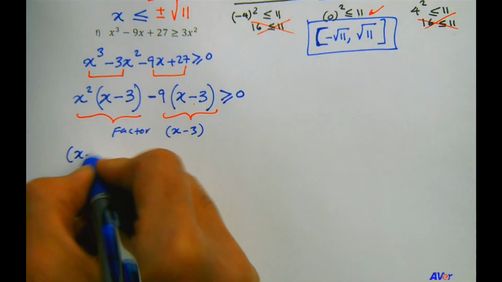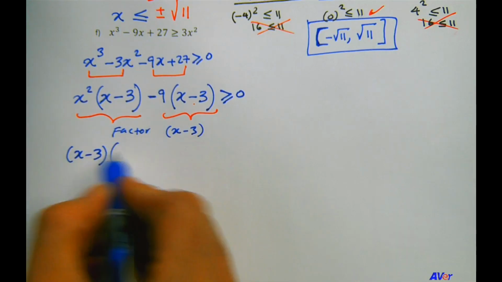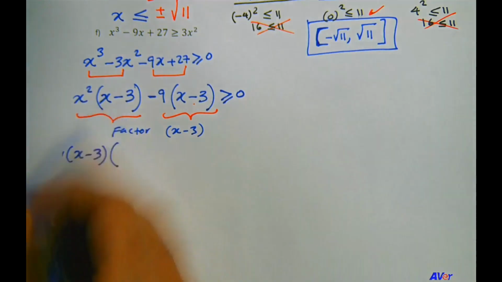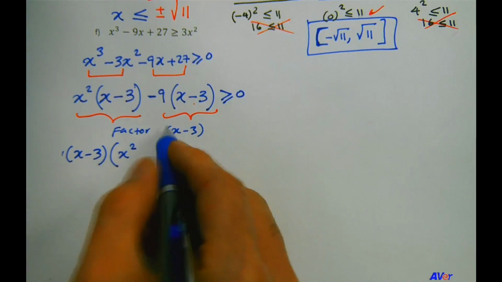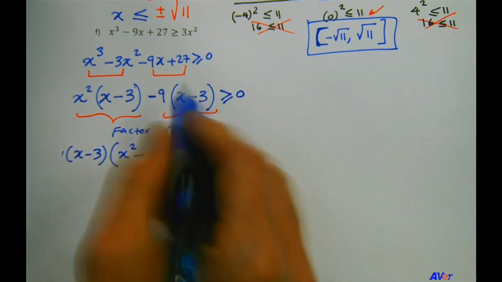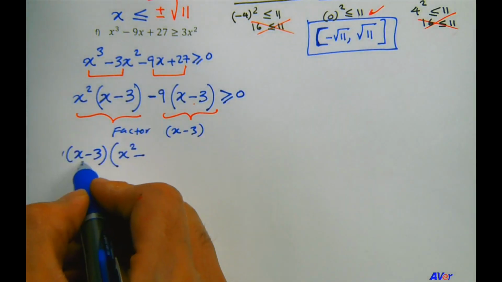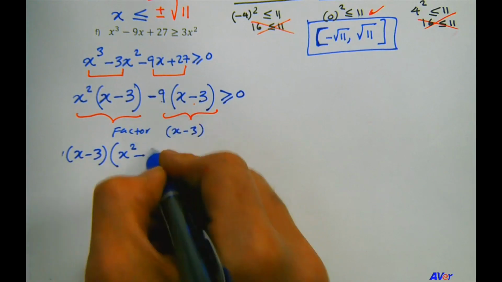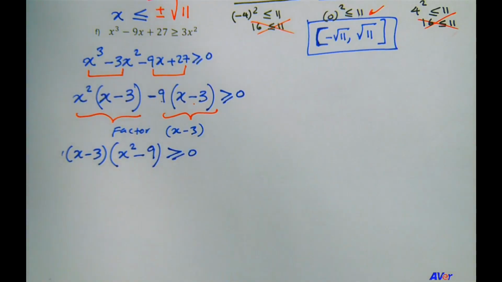So x minus 3 factored out. What should I put here such that if I multiply by x minus 3, I get x squared times x minus 3? Well, x squared. Minus is minus. What should I put after this minus such that if I multiply it by x minus 3, I get 9 times x minus 3? Well, just 9. Greater than or equal to 0, right?